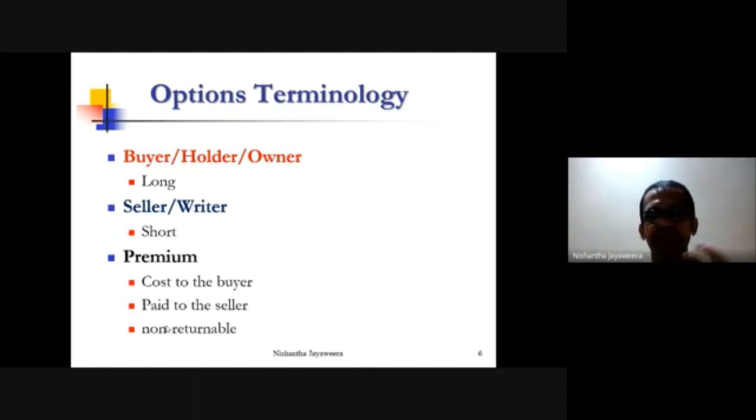You pay the premium, you get the right. Whether you execute your right or not, you cannot ask the option seller to refund your premium. It's a one-time payment. Once paid, it is done. Is it clear? Any questions?